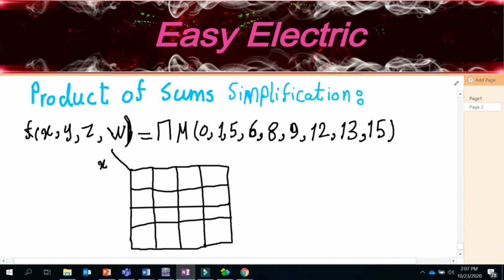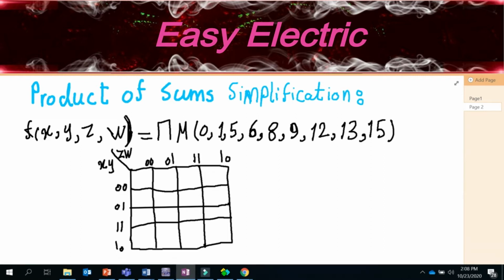Here we usually put X and Y, and here we put Z and W. Here we have 00, 01, 11, 10. Same thing for here, we have 00, 01, 11, and 10.